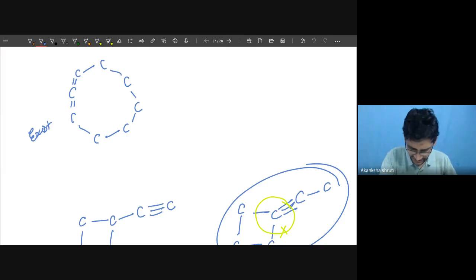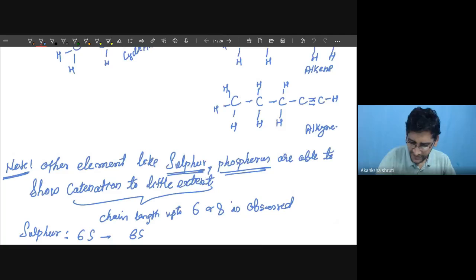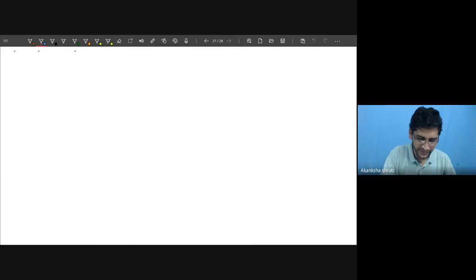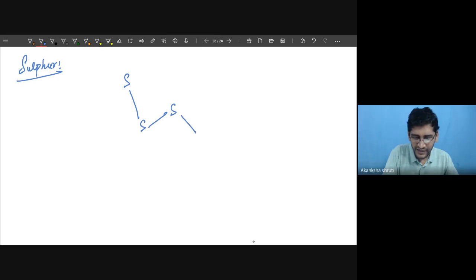One more is there, write this name, silicon. Even silicon is showing more catenation than sulfur and phosphorus. Students, if you consider sulfur, you can find that the sulfur atom is able to form a ring like this.